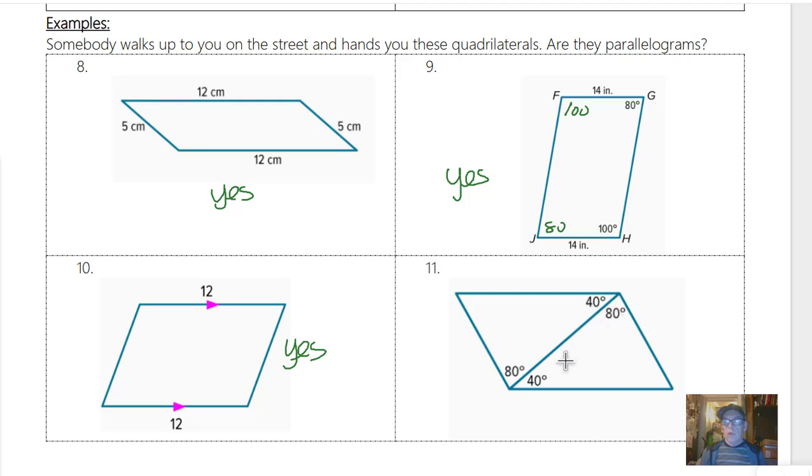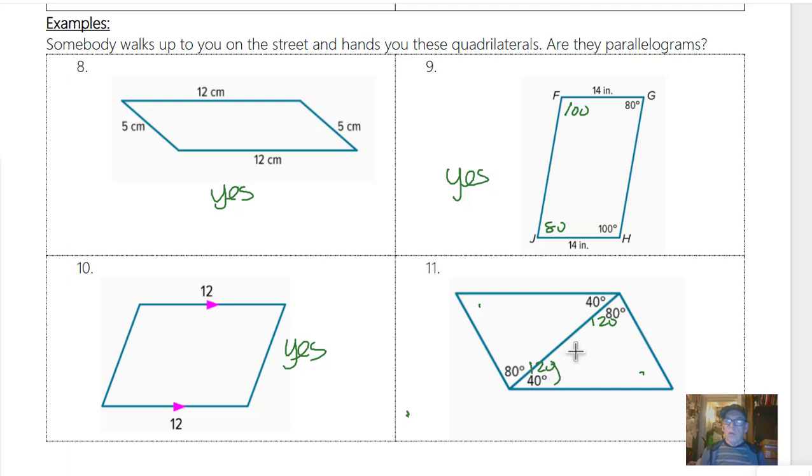Okay, here we're showing that we have a diagonal. This is 120 degrees. This is 120 degrees. So we have one pair of opposite angles congruent, but we don't know anything for sure about those other angles. So let's see what we could do.